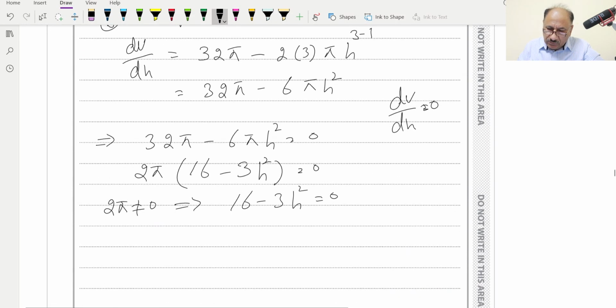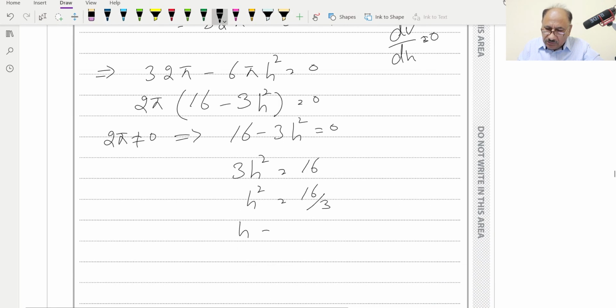So 3h squared is equal to 16, so h squared is equal to 16 over 3, and h will be equal to the square root of 16 over 3, which we can write as 4 over root 3.